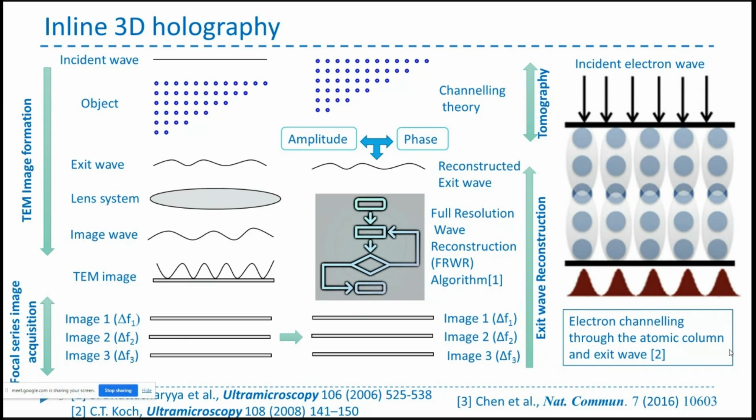That's why in the exit phase wave you will see a change in phase at different x and y positions. So it's called the exit phase wave. And this phase change is happening because of the inherent electronic nature of the material.